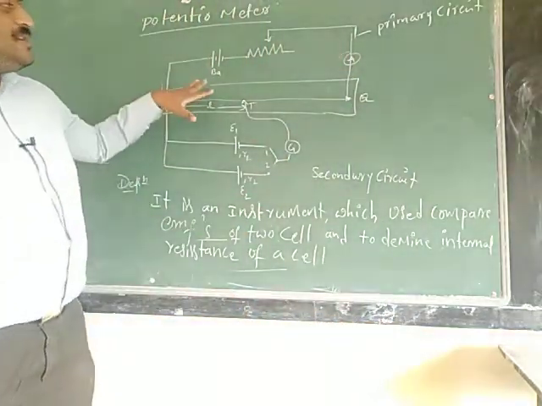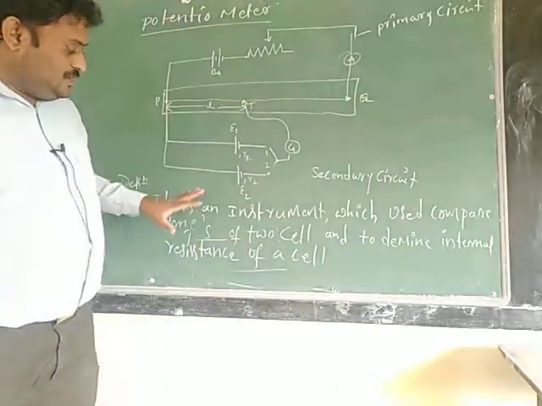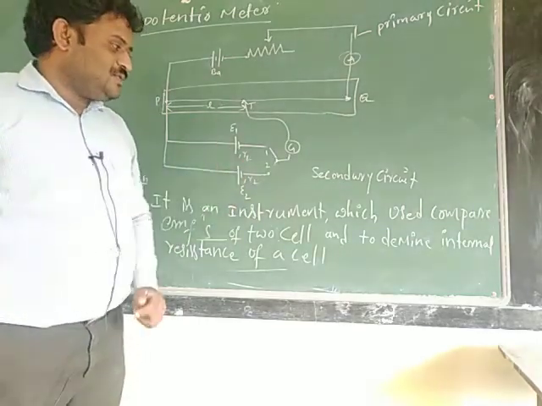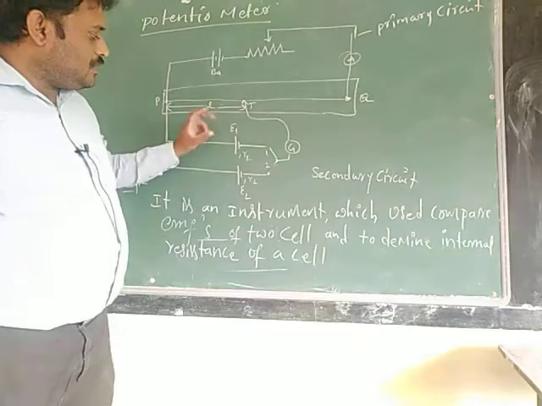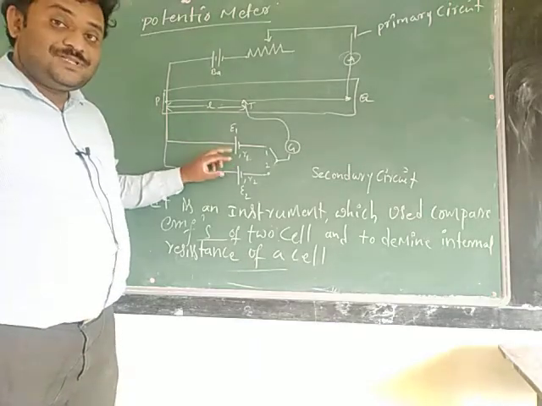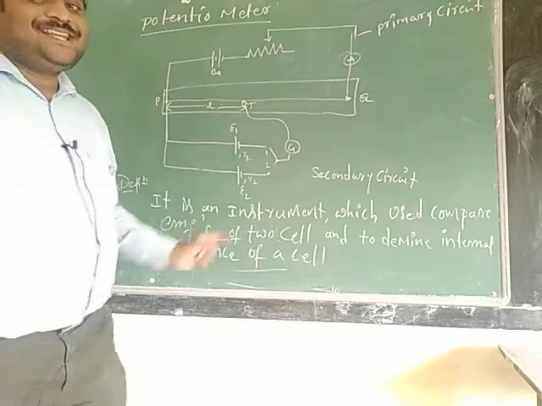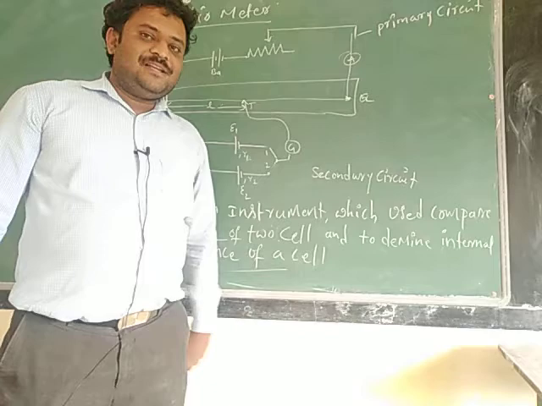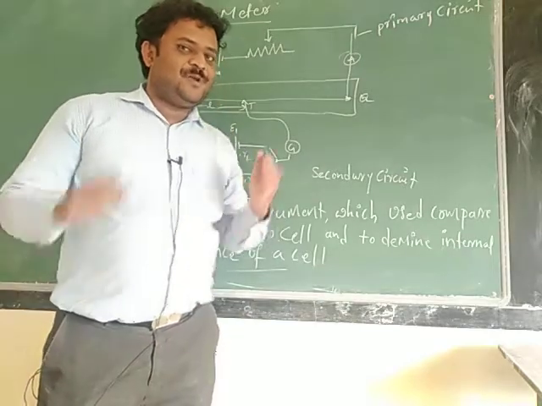That's what we call a potentiometer. A potentiometer is just an instrument which is used to compare or determine the EMFs of two given cells and also the internal resistance of a cell. This is what we have seen in the early class. Say yes or no? Okay.